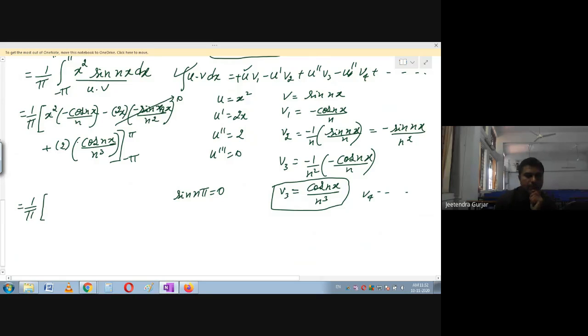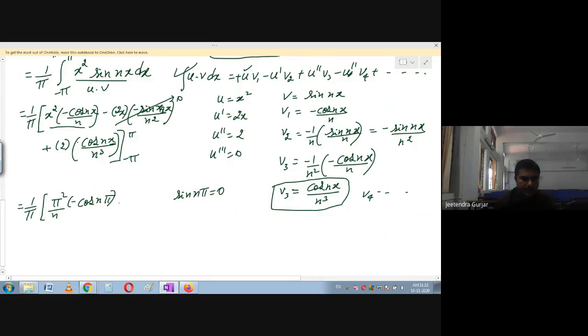So here you can see x square and pi is there. If you take this value, I'll substitute first the pi value. So I'm going to get pi square upon n. I will keep it outside. We have here minus cos n pi. I first substituted the pi value, then go for substituting minus pi.